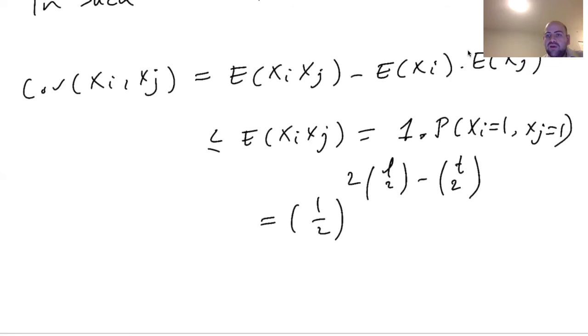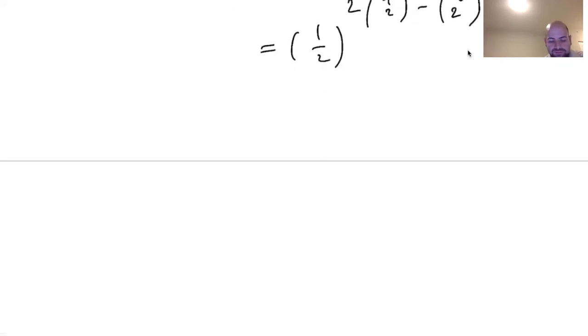Well, now in how many ways can I have two ai and aj with t vertices in common? So now that's the next question. How many ways to have two AI and AJ with T vertices in common.